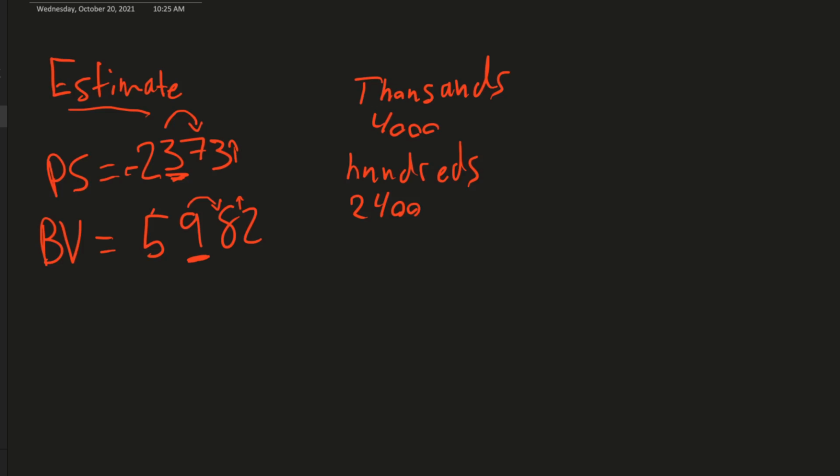And remember, when we have a 9 and it rounds up, it moves over. It's like regrouping over. So what this gives us is 6,000, because if this 9 turns into a 10, right, the 1 goes over into the next column. And again, we just have to rearrange these, right?